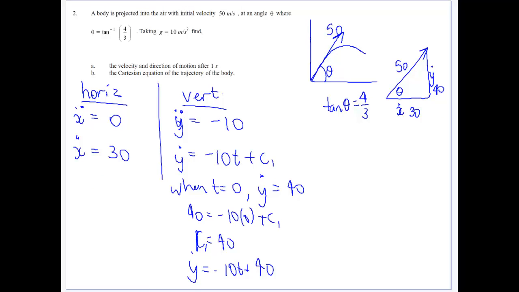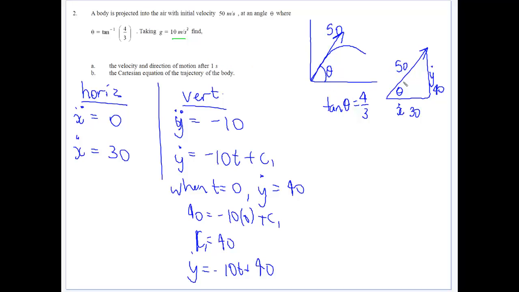This time we've got a body projected into the air with an initial velocity of 50 meters per second, at an angle of theta, and this time we're told theta is inverse tan of 4 over 3. We're told to take gravity as 10 meters per second squared, and then we want to find the velocity and direction of the motion after 1 second. So what are we talking about here?